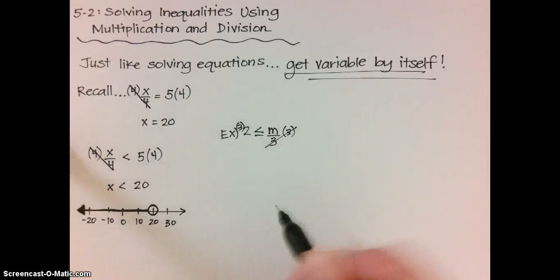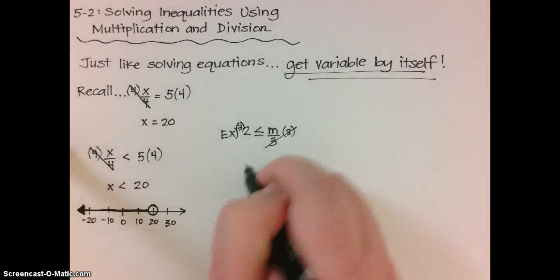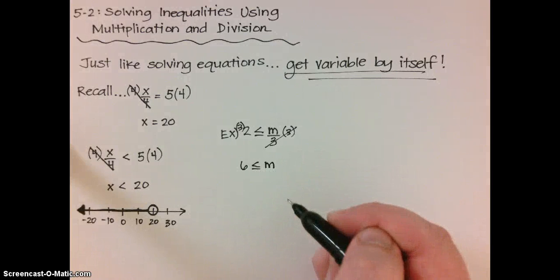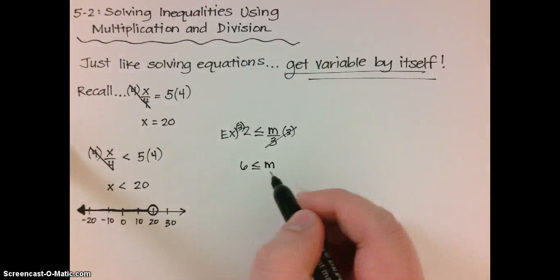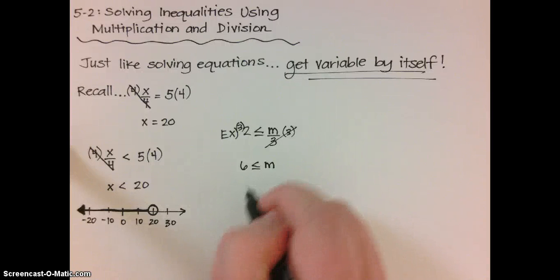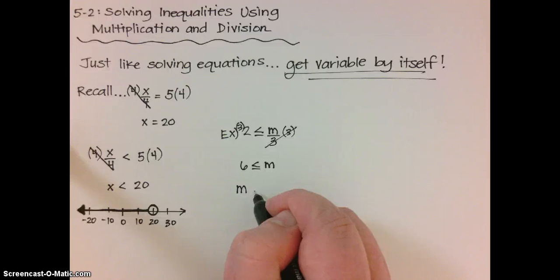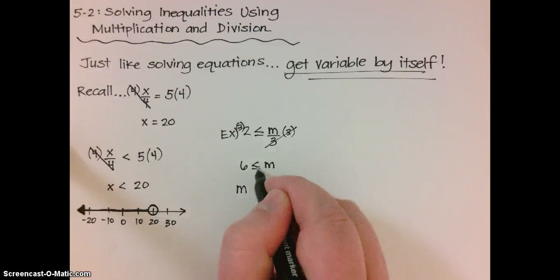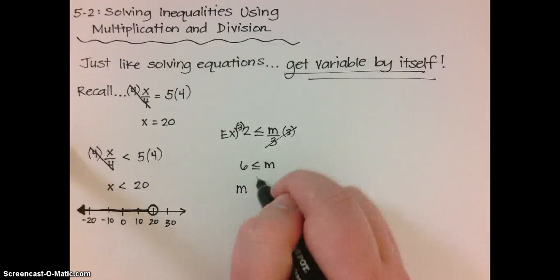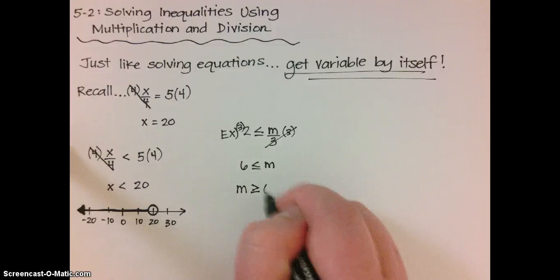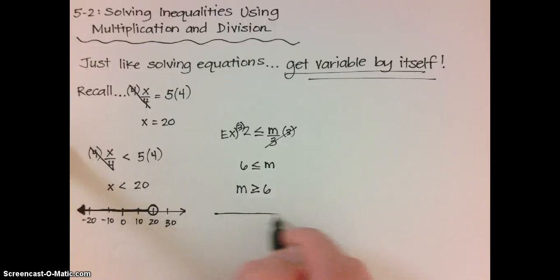The 3's cancel out, and 3 times 2 is 6, so 6 is less than the value of m. But I do want to practice rewriting this so that the variable is always on the left-hand side. So when I do that, I'm going to put the m first, and the inequality is going to switch. So instead of it being less than or equal to, it's going to be greater than or equal to 6. And this is going to be much easier now to graph on a number line.